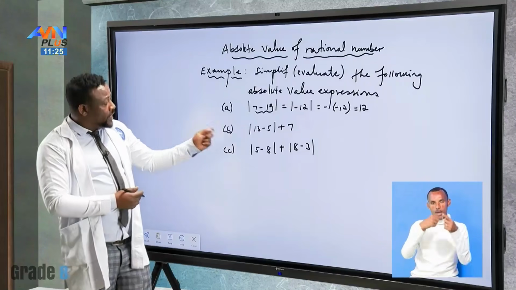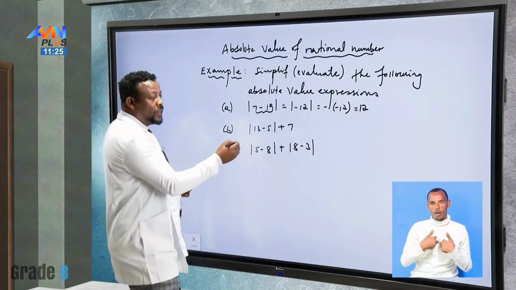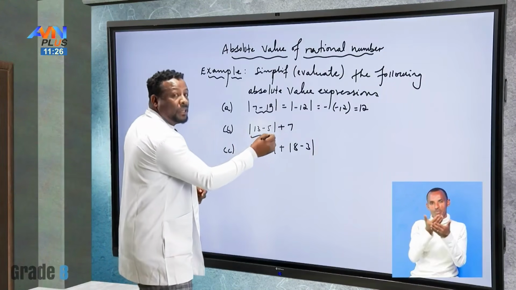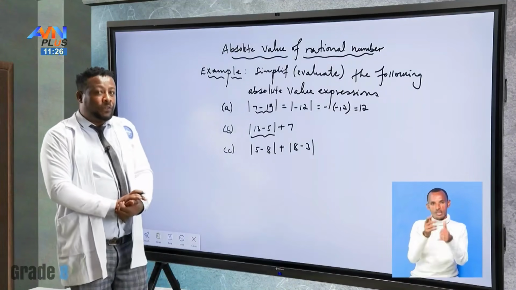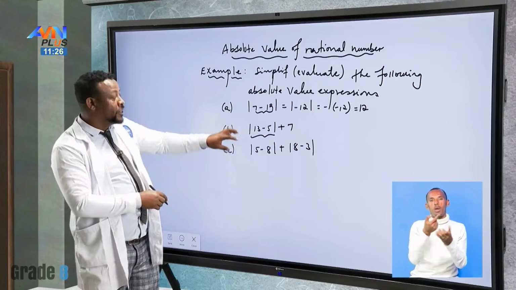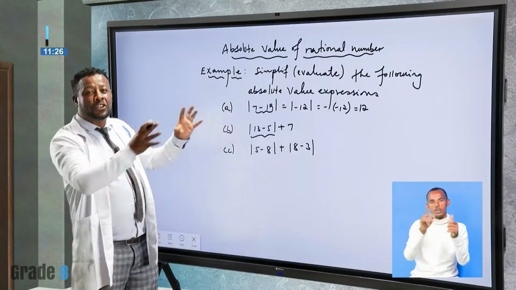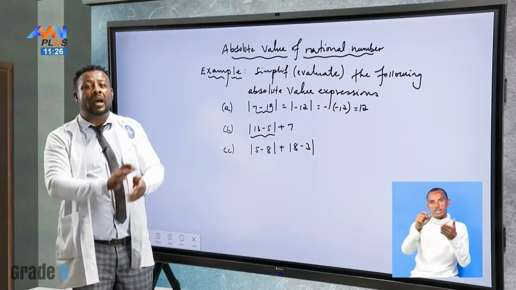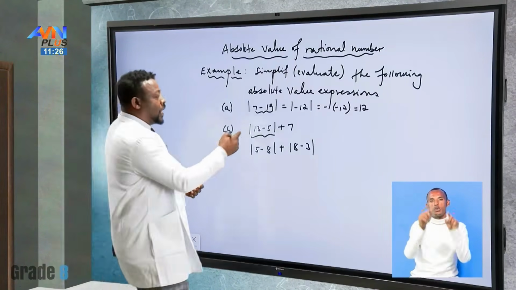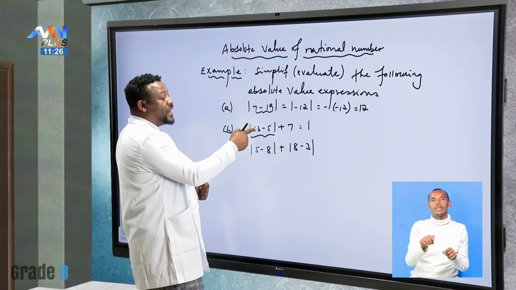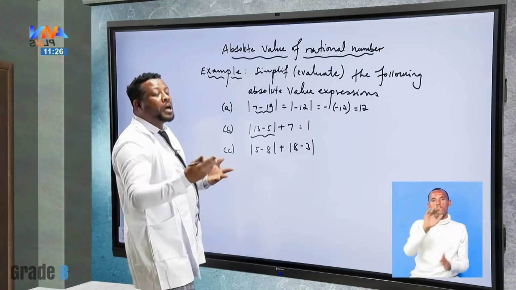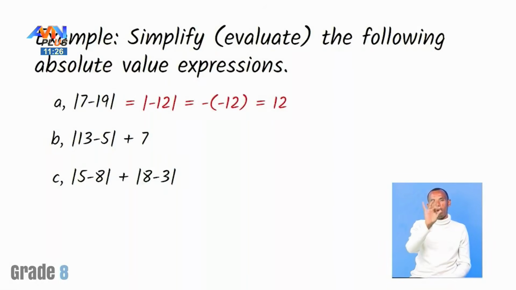When we come to the second case, we have the absolute value of something plus a positive number 7, right? So the first thing that you need to do here is evaluate the expression written separately in the absolute value. So this is the same as the absolute value of 13 minus 5. 13 minus 5 is 8.